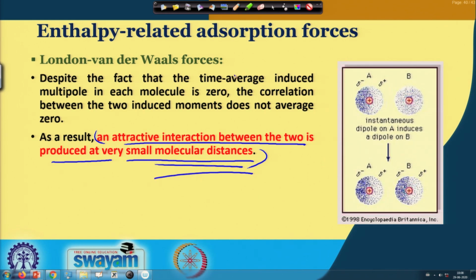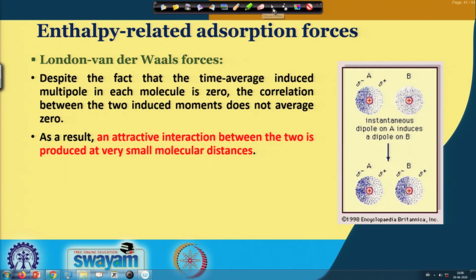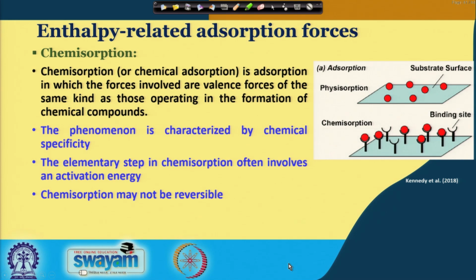This van der Waals force basically occurs at very small molecular distance due to the induced dipole between the two polar molecules. This is one of the important examples of enthalpy related adsorptive force, which plays a very important role in the adsorption or retention of pollutants onto the soil solid surface.